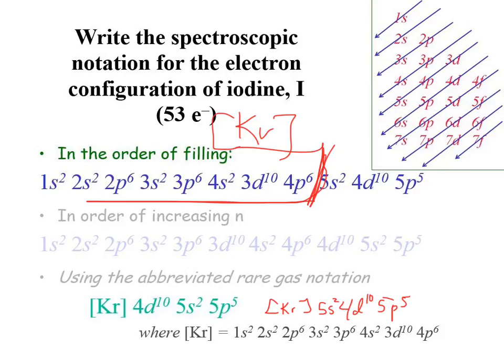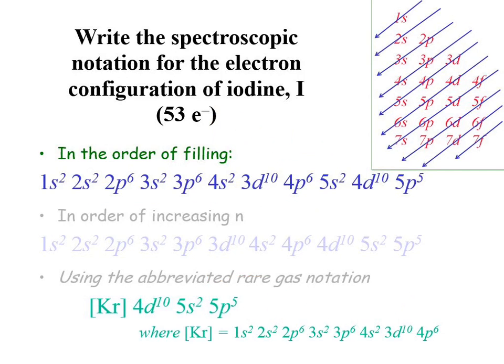That's probably how I would write it, just because I would go right from the Kr. But notice that these are the same, just this one is more in order of filling, and this one is in order of increasing n. They're the same thing. Okay?